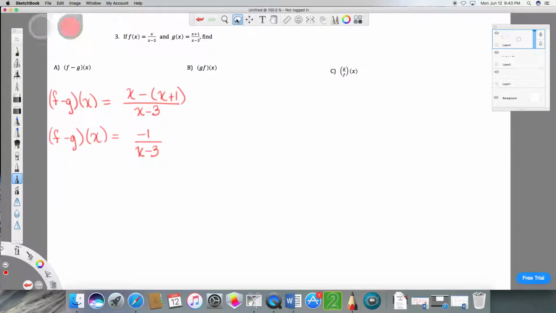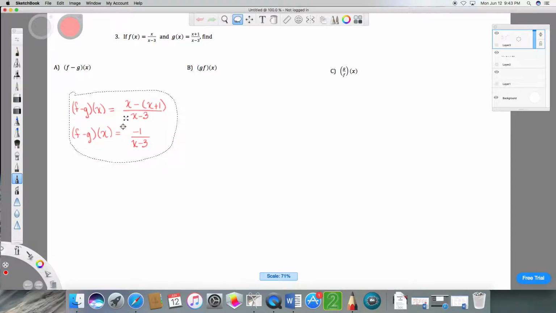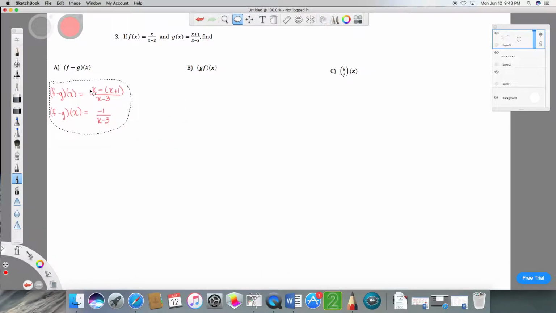All right. What if we took f and g and divided them, or multiplied them together? It would create a new function.